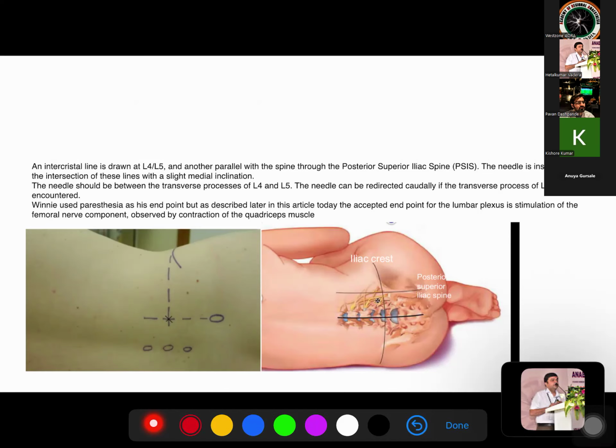In the Winnie approach, the patient should be in the lateral decubitus position, and the needle used is a 100 mm Stimuplex needle under aseptic precautions.